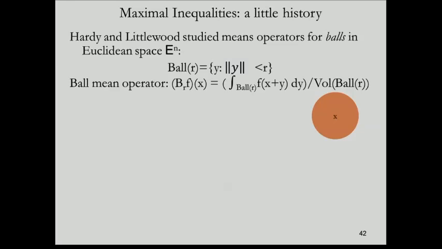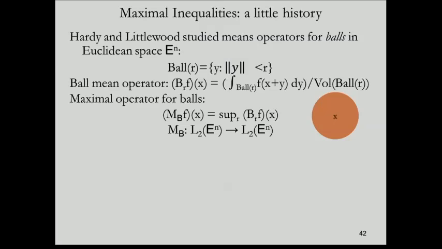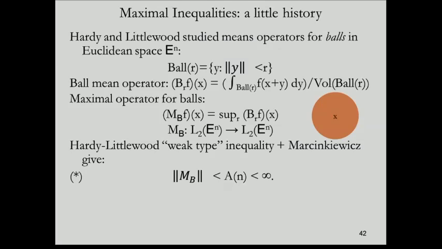They studied ball operators instead of spheres, where you take everything around the point at distance at most r. They considered these averages of the values of functions on balls around the point, and showed that this maximal operator, defined exactly the same, taking the supremum over all balls around the point of the average of the function, is in fact bounded. But their bound depended on the dimension.